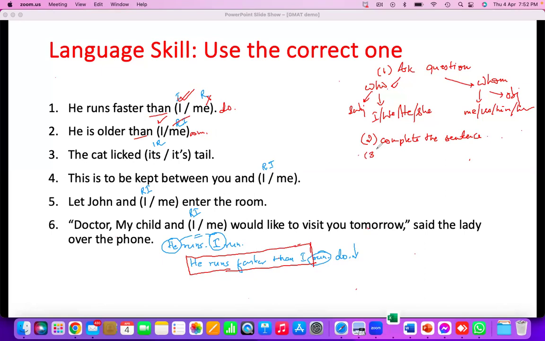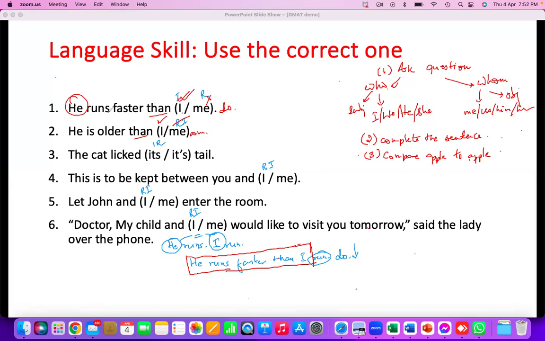Now, the third trick is compare apple to apple. It means similar things are compared. Comparison happens within a category. So here you have a subject pronoun. A subject pronoun can be compared with a subject pronoun only. An object pronoun can be compared with an object pronoun. So the other side also needs a subject pronoun.